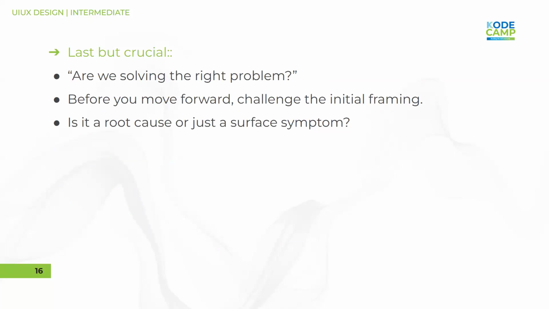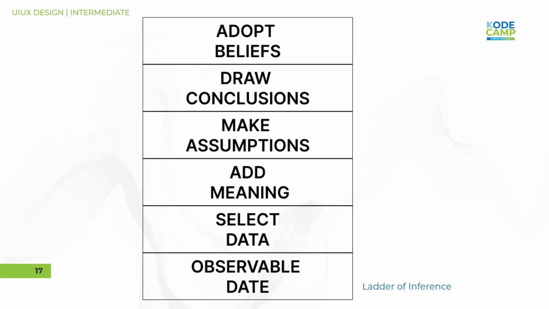So is it really the cause of the problem, or is it just a surface symptom of the problem? Most times in doing this, there is this particular ladder of influence that we use.